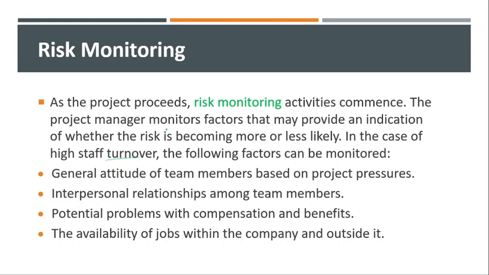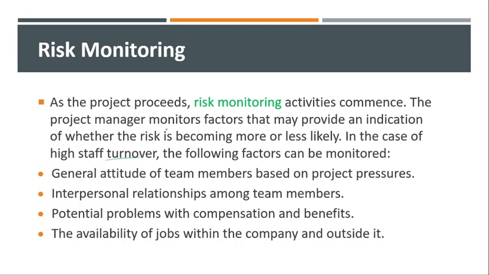For example, we have good team members, but they are leaving the job. Why do they want to leave? There may be certain reasons: we are paying less, or the project pressure is too high, or they are not getting a good relationship among themselves, isn't it? So these are the possible risks that have to be monitored. Is it happening?